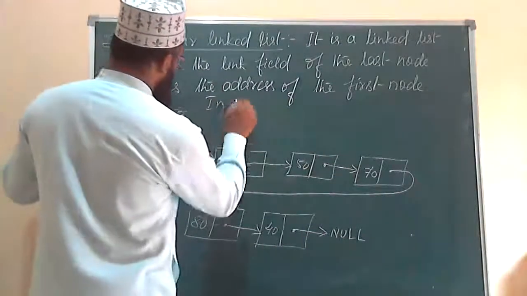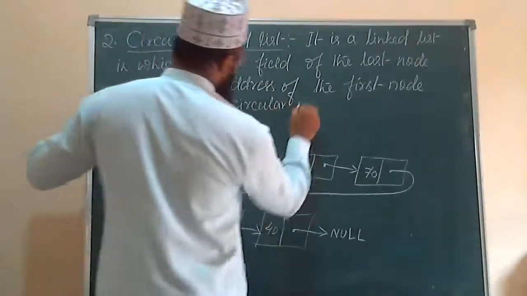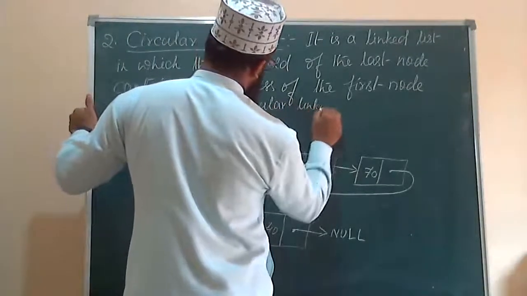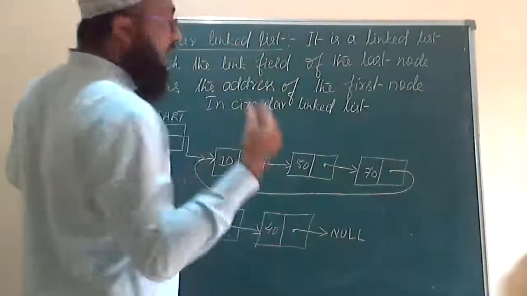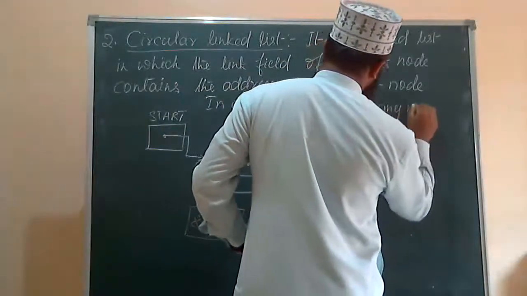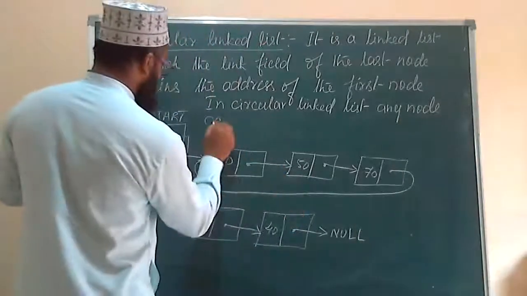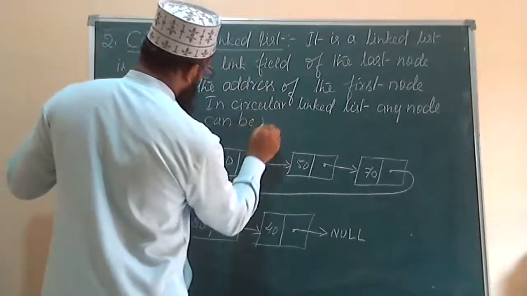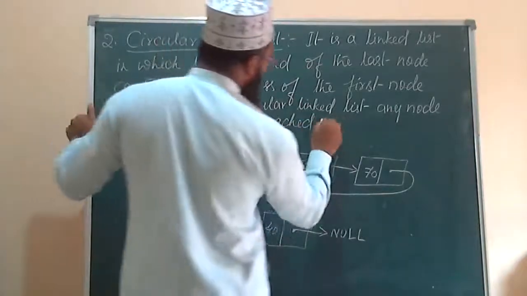In circular linked list, any node can be reached from any node.